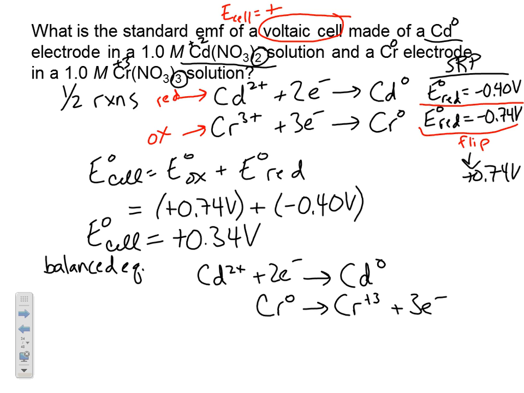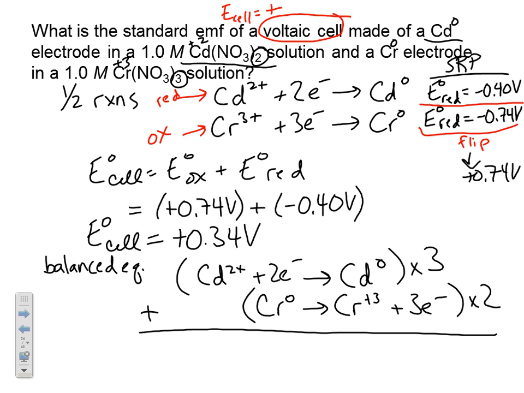If I want the overall balanced equation, I have to make the electrons the same on both sides. Right now, they're not. So I'm going to multiply the cadmium half reaction by 3 and the chromium half reaction by 2, and I'm going to add them together. I'm going to get 3Cd2+ plus 2Cr0 goes to 3Cd0 plus 2Cr3+.